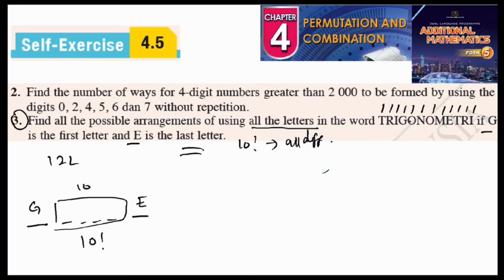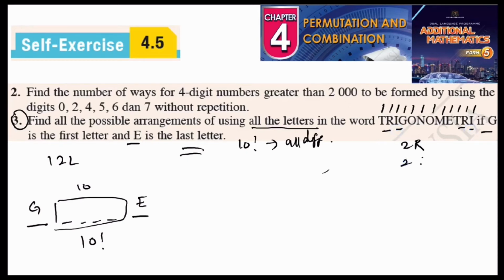Now let's see how many of the letters are identical. So we just highlight the identical letters. If I look at that, I can see T and then R. We have 2 R, right? So the R is repeating, the T is also repeating.